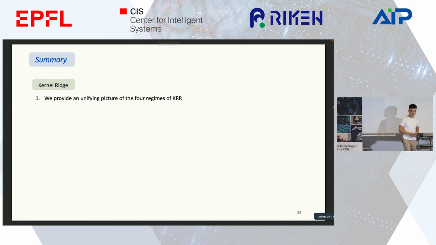Just the summary slide. For kernel regression, we're providing a unifying big picture of four possible regimes which can be observed, thereby bridging the gaps between existing studies. We also characterize noisy versus noiseless regimes, which regimes the noise actually has an impact in and which regimes it can completely be forgotten.